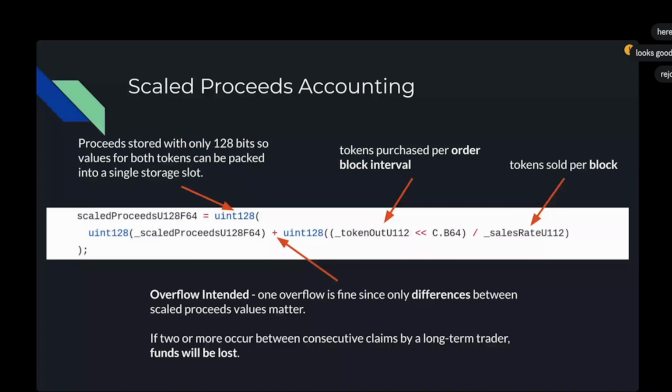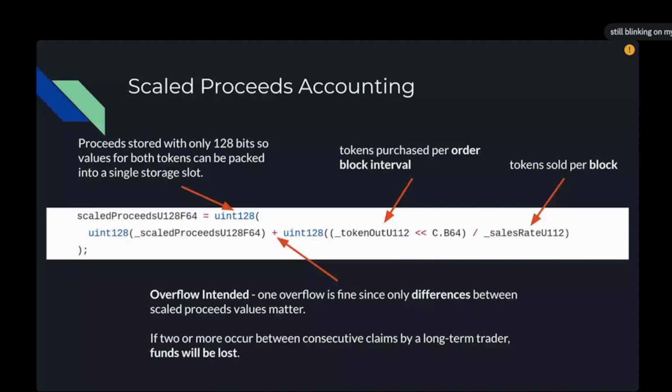So that's a gas efficiency thing. And then for a further efficiency thing in the TWAMM, because you have two of these scaled proceeds values, one for each of the two tokens in the pool, packing them into a single storage slot saves a ton of gas, because you're doing half as many S-store operations. The core loop is going to be updating this variable frequently.